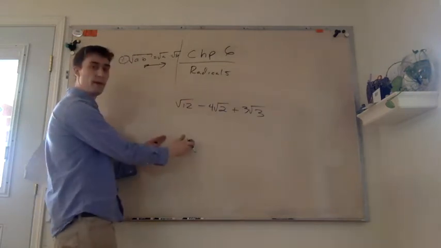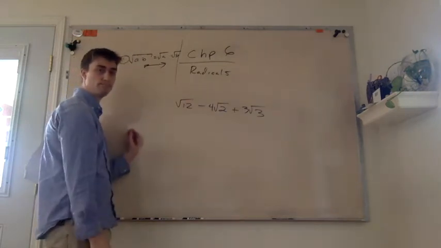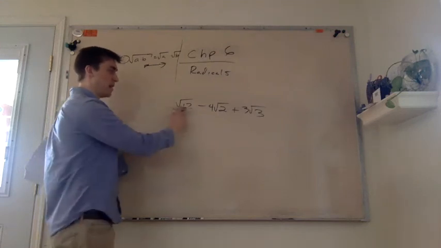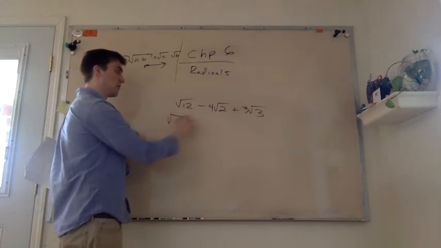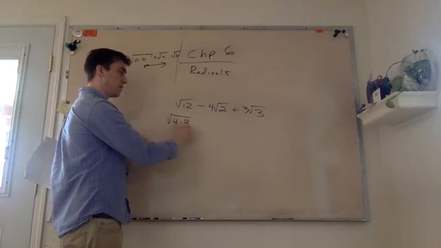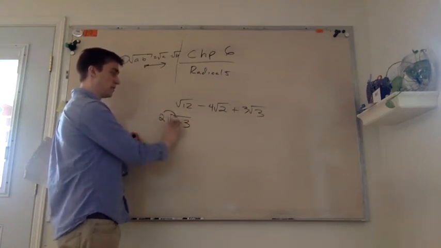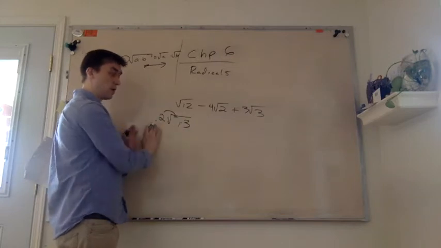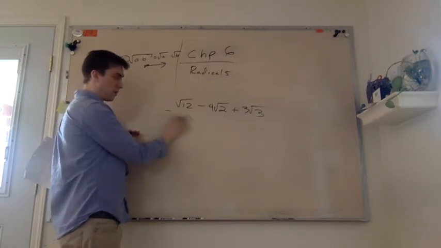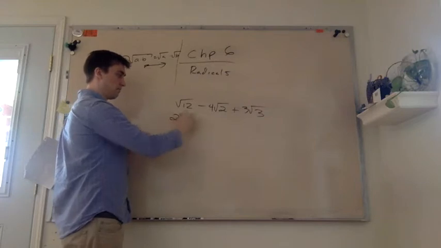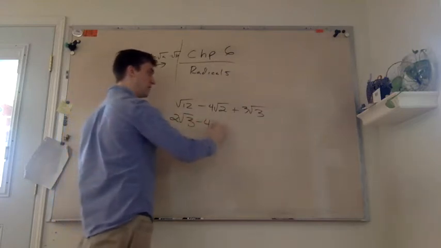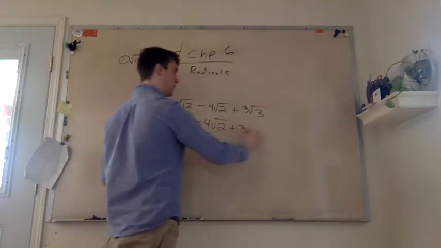This one can be simplified, so that's the very first thing you should do. Simplify everything, and only this one can do that. So the square root of 12 is the square root of 4 times 3. This 4 can be removed as a 2. So the square root of 12 is 2 root 3, which we've worked out a couple times. I didn't do anything to 4 root 2, and didn't do anything to 3 root 3.